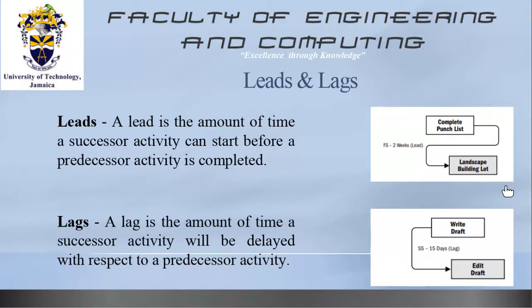predecessor activity. So you could be doing a project that has a multiplicity of activities taking place at the same time, and a particular activity may have a lead of, let's say, 2 weeks.